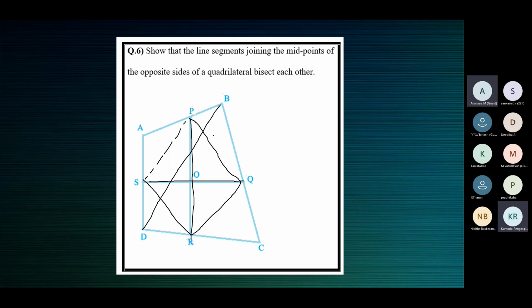Q is the midpoint of BC and R is the midpoint of CD. Very good. Yes, therefore QR will be parallel to BD and half of BD. Very good. Thank you, Ananya.